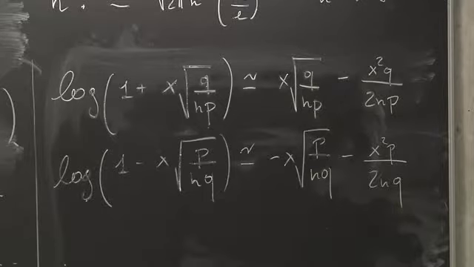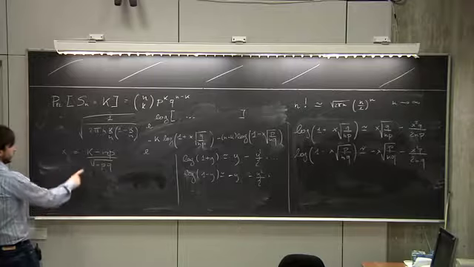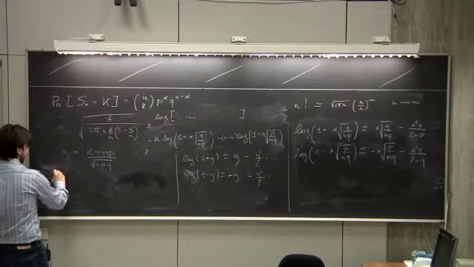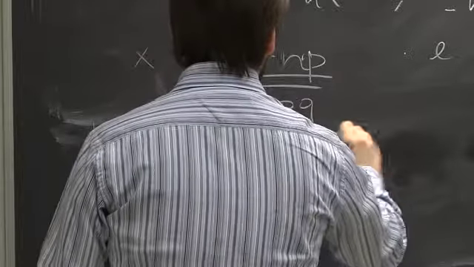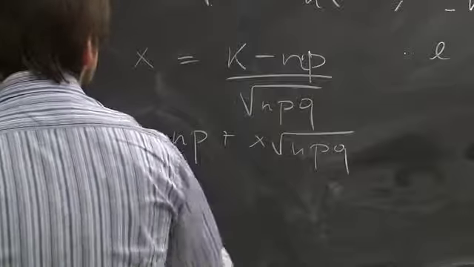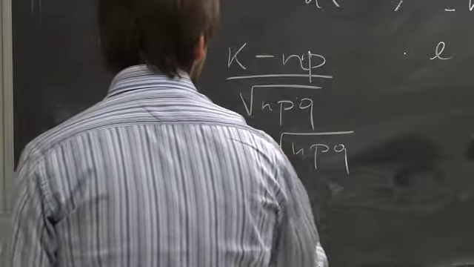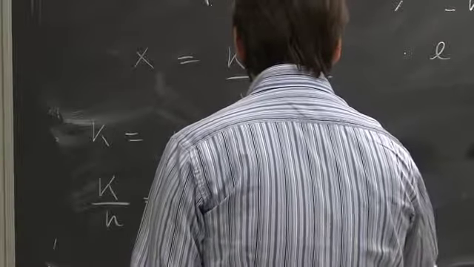Now, one more thing, remember this expression. This means that k is equal to np plus x times the square root of npq, and k divided by n is essentially p plus x square root of pq divided by the square root of n.